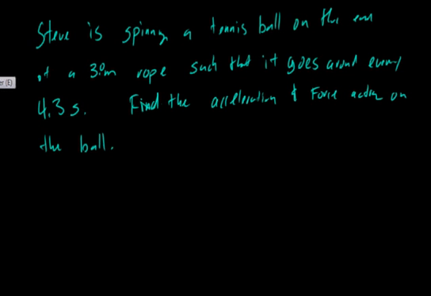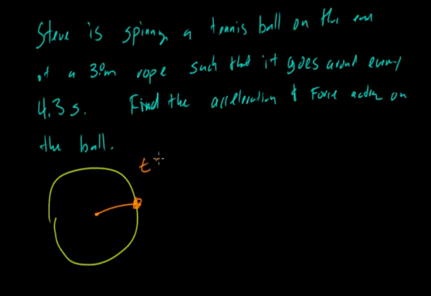Okay, so I'm going to draw a small scale picture here, because this is really easy. So here's my circle, kind of. And here's my guy and the tennis ball is here. We're saying it goes around every 4.3 seconds, so our time, or period, if you will, is 4.3 seconds. And then the radius is 3.0 meters. Okay.